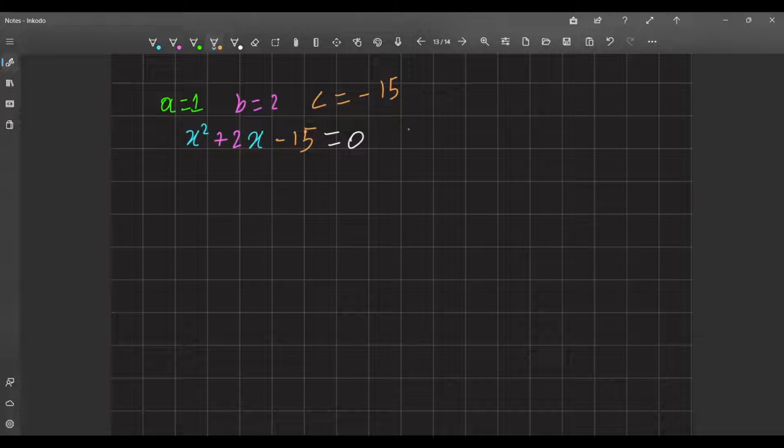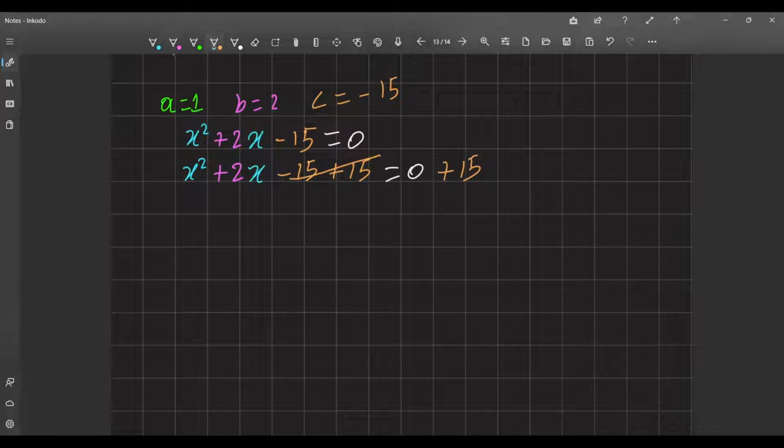Once we are done with that, I'll go towards the geometrical representation of the whole equation. So first of all, let's write the next step. It becomes x square plus 2x minus 15, and then I'll be adding 15 on both sides, so it would be equal to 0 plus 15.